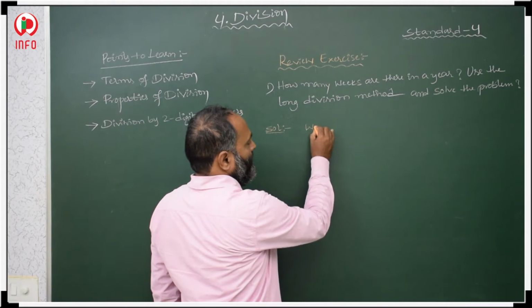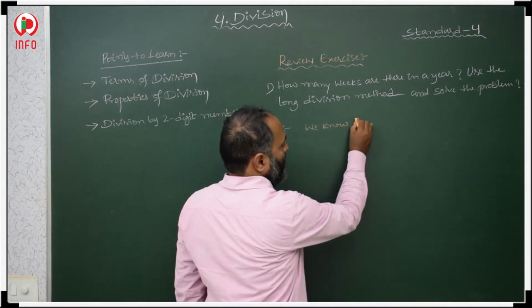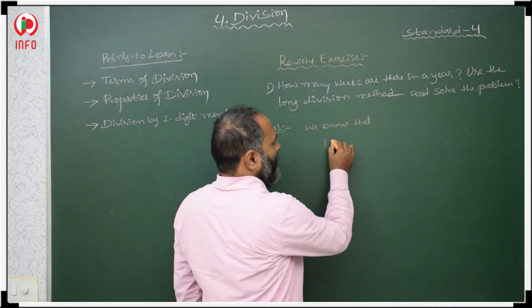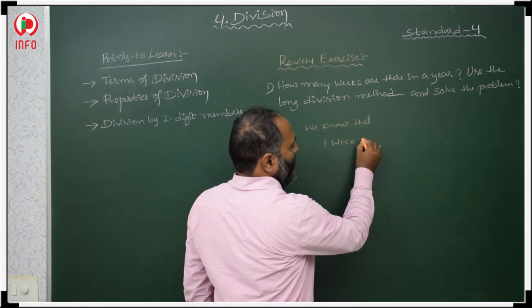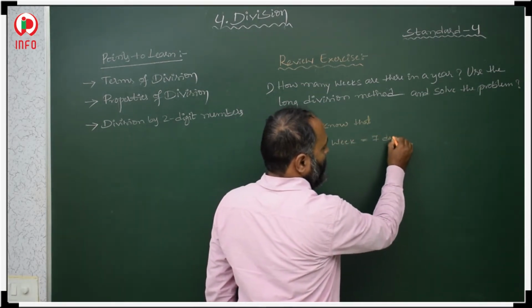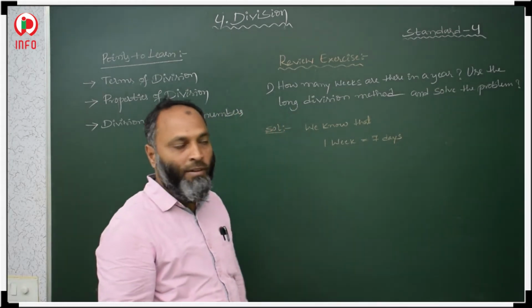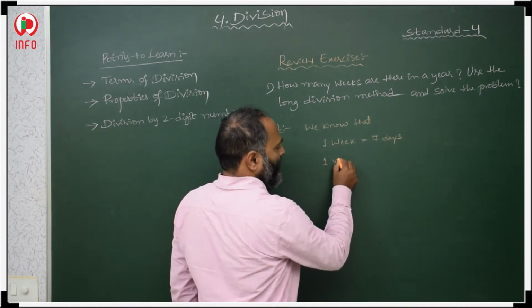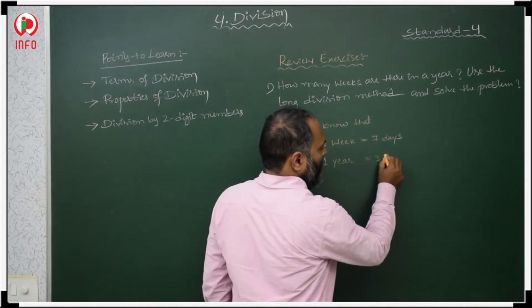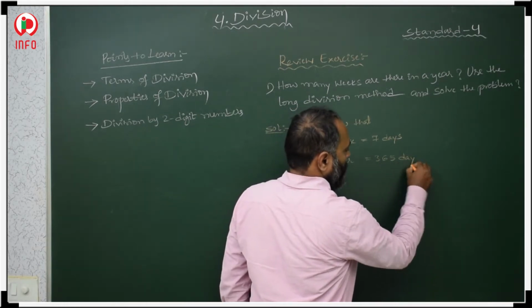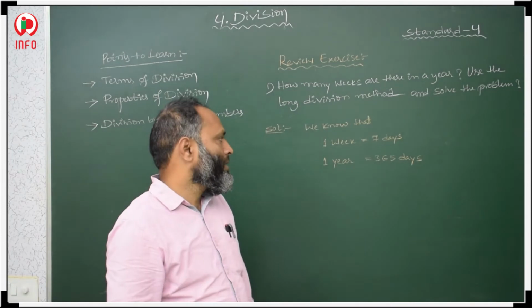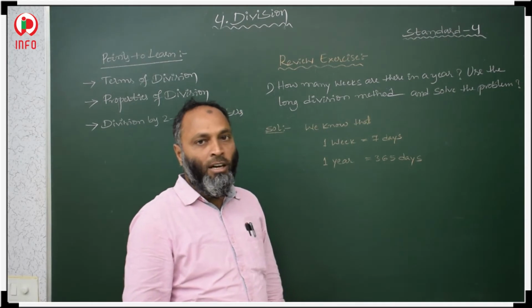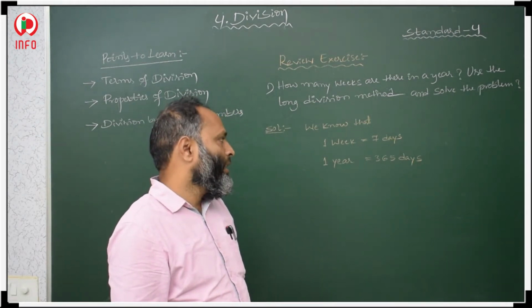We know that 1 week is equal to 7 days, and 1 year is equal to 365 days. First you have to convert week into days and year into days.